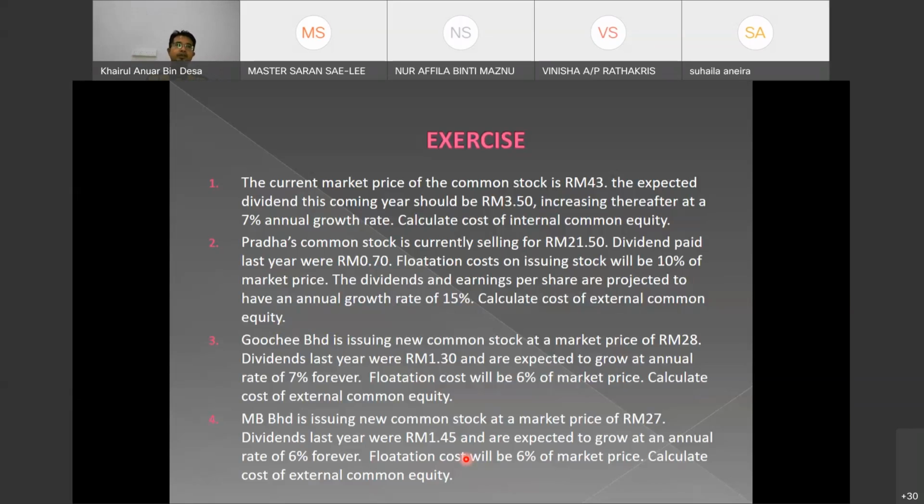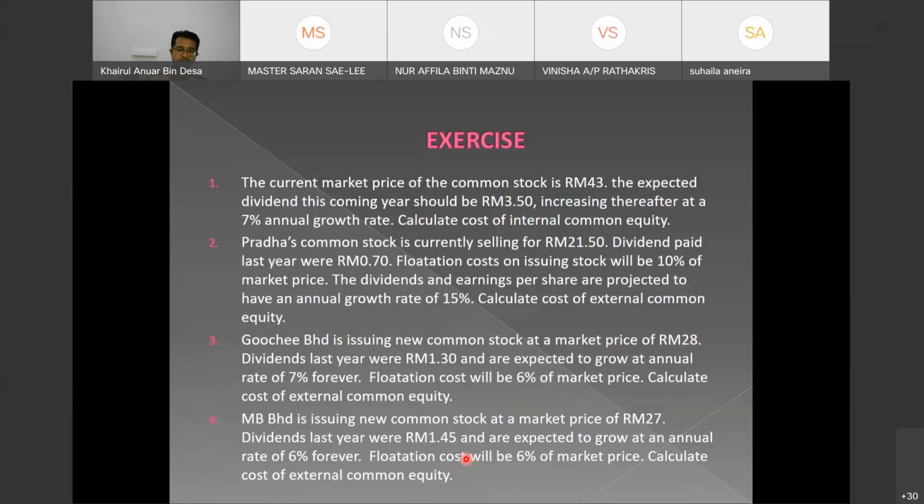When we use the service of an investment bank, kita panggil di situ, tak ingat kita panggil apa? Tak apa, lupa kan? When our company wants to sell the common share to the public, we have to use a third party such as an investment bank, and we have to pay some cost.